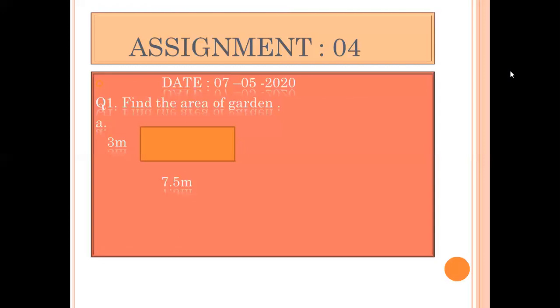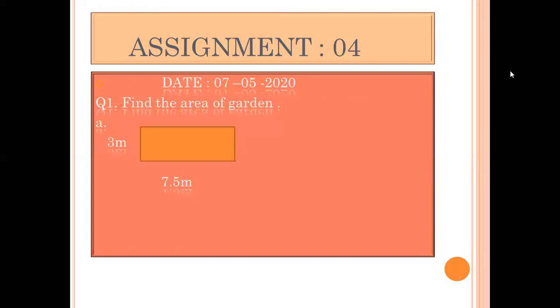Now students, you have the assignment. Assignment number 4. Only one question is there. Find the area of the garden, and the shape is given to you. Lengths are mentioned there. You only need to calculate the area of the garden. I think within 2 or 3 minutes you can solve this question and you will send your assignment.